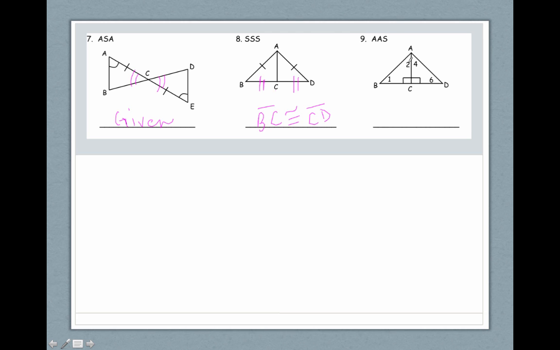Angle, angle, side, we've got these angles the same, and we've got this side the same. So we need angle, angle, side. Angle 6 needs to be the same as angle 1.